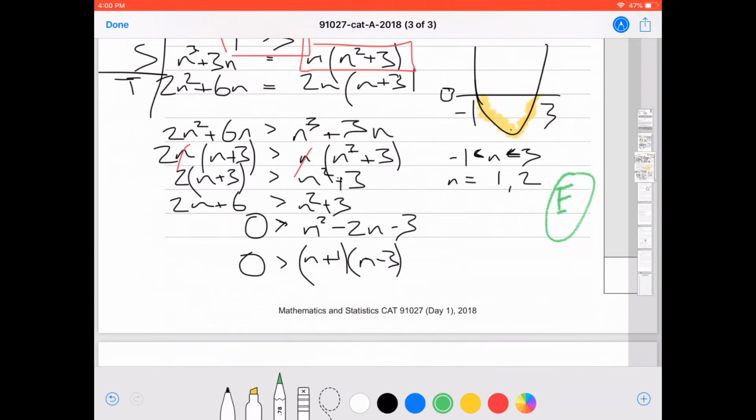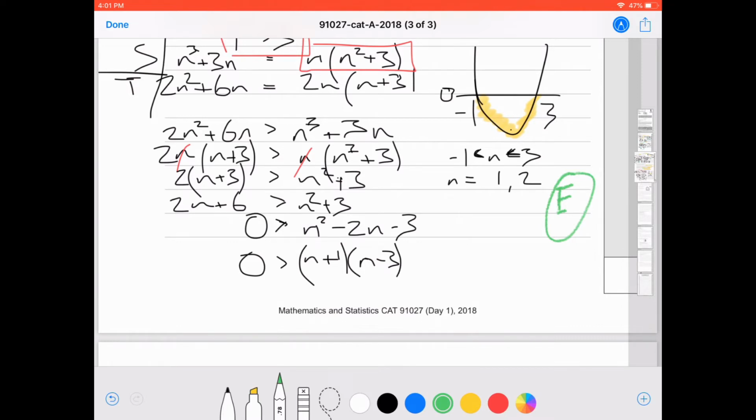The marking schedule accepts the region where n is greater than negative 1 and less than 3. Preferably you go n equals 1 or 2, but that's right. Anyway, for merit, you generate a simplified quadratic expression, ignoring the inequation.